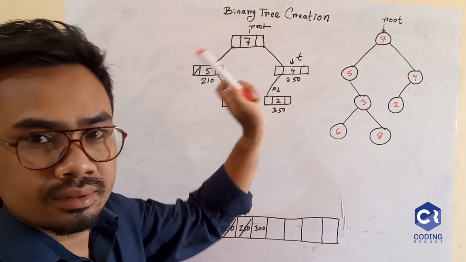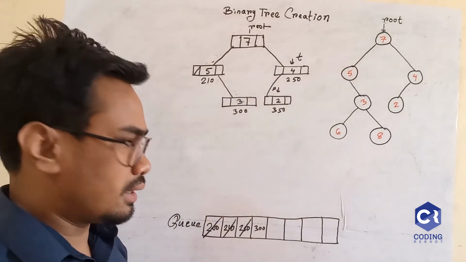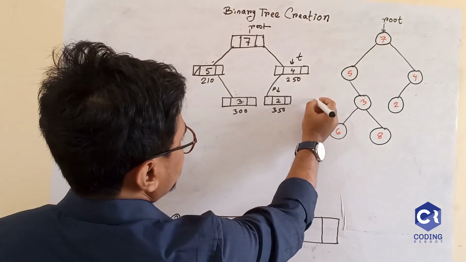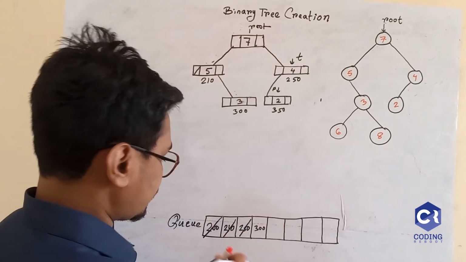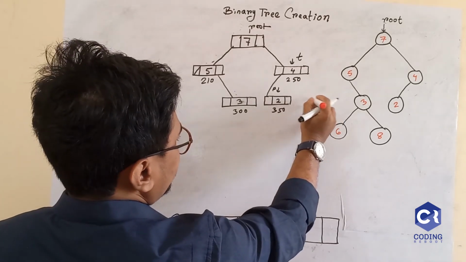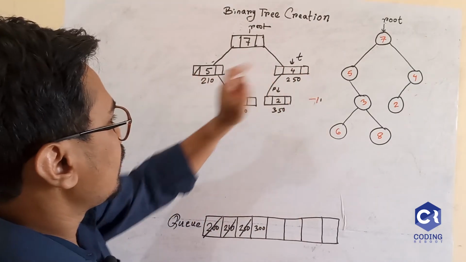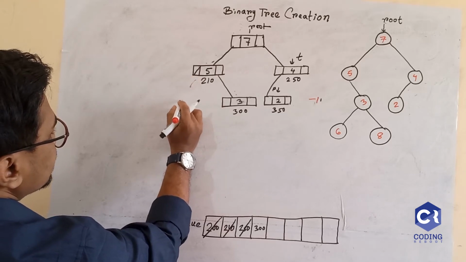No, there is no right child. If there is no left child or no right child, then we are going to assign them a negative value like -1. This is -1, -1. And for 5, there is no left child also, so we are going to assign them as -1.